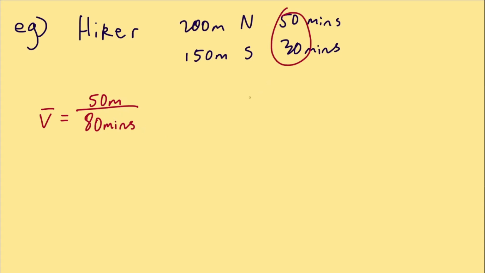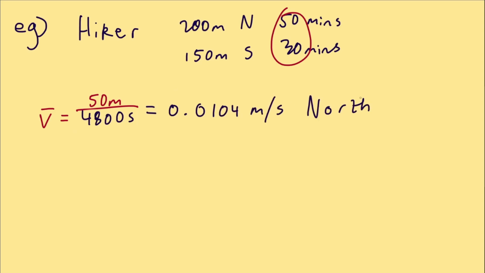That's a bit strange, and in physics we like to use things like meters per second, kilometers per hour. So instead of writing 80 minutes, we're going to convert it to 4,800 seconds. Do your division and it comes out to be 0.104 meters per second north. Remember, specify the direction. Velocity is a vector.